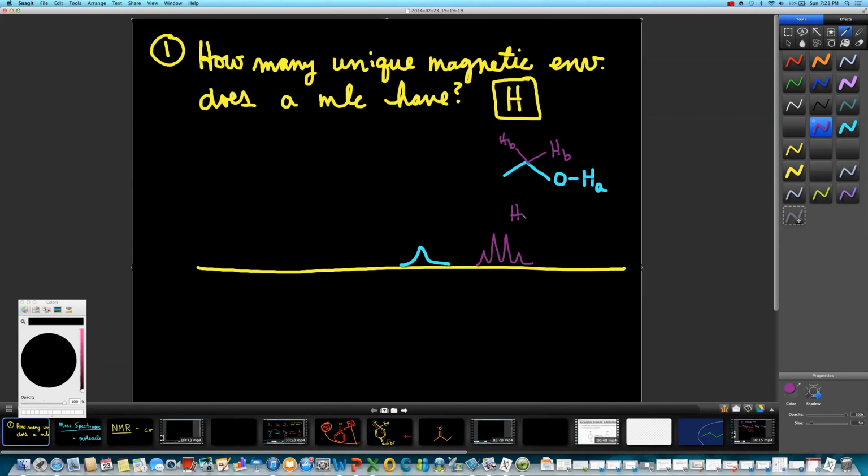So here is HB. And downfield just a bit is HC. HC, it takes more energy to resonate because it's been more stripped of electron density. Finally, we can look at the methyl group, HA.